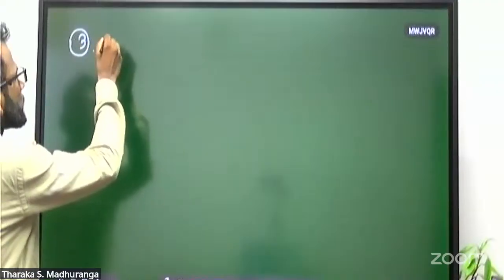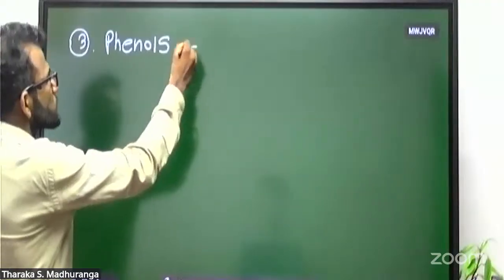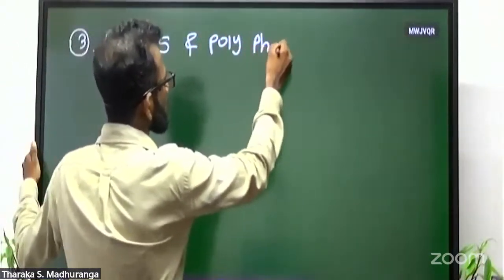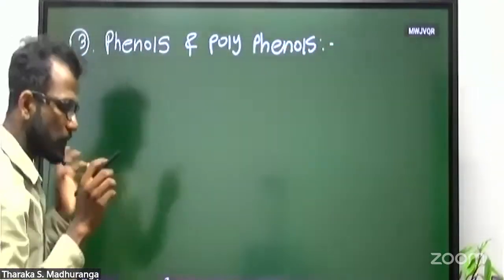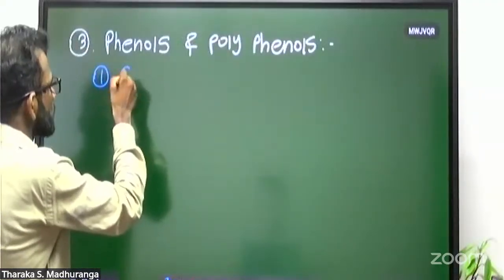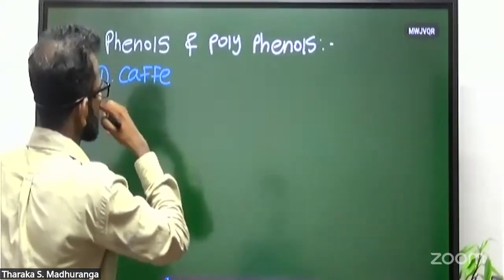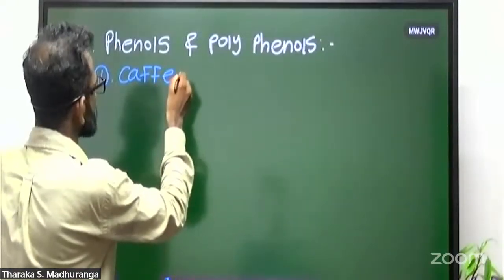The third one, phenols and polyphenols. The main phenol types: the first example is caffeine.